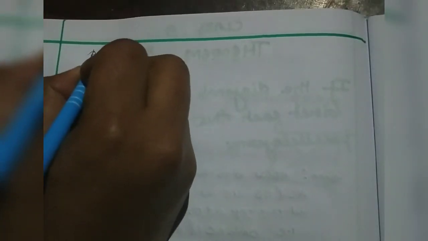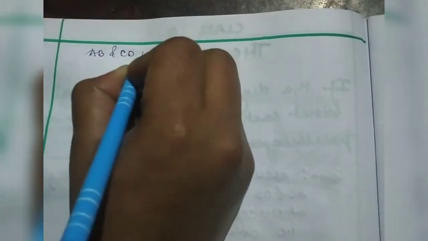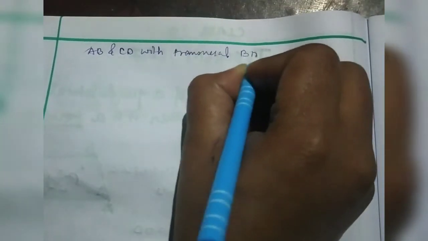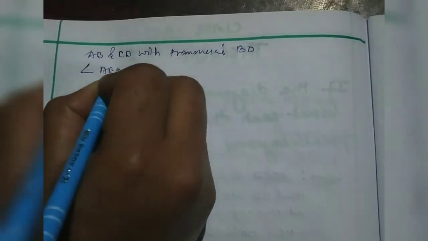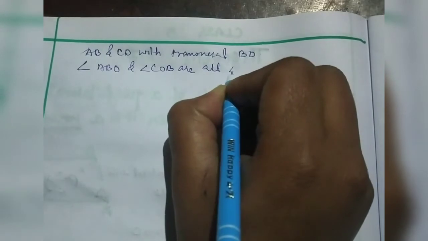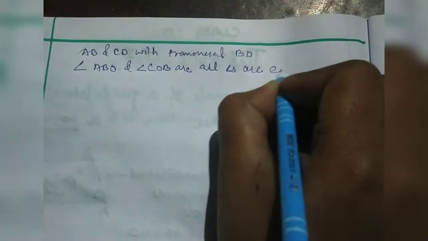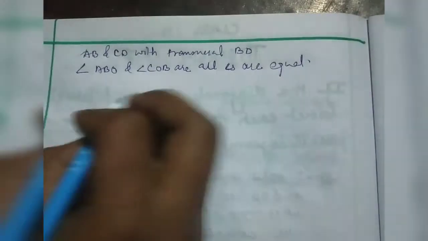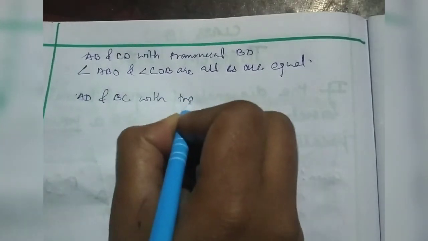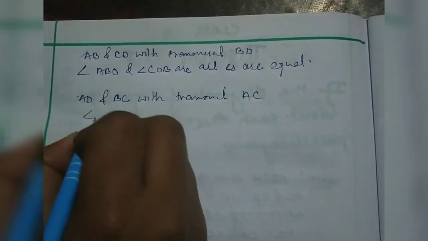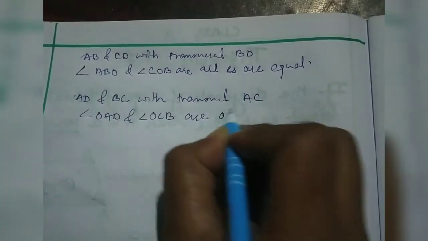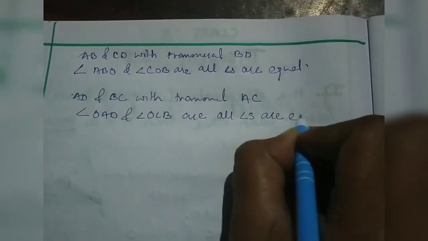So for AB and CD with transversal BD, the alternate angles ABO and CDO are equal. And for AD and BC with transversal AC, angle OAD and angle OCB are equal.